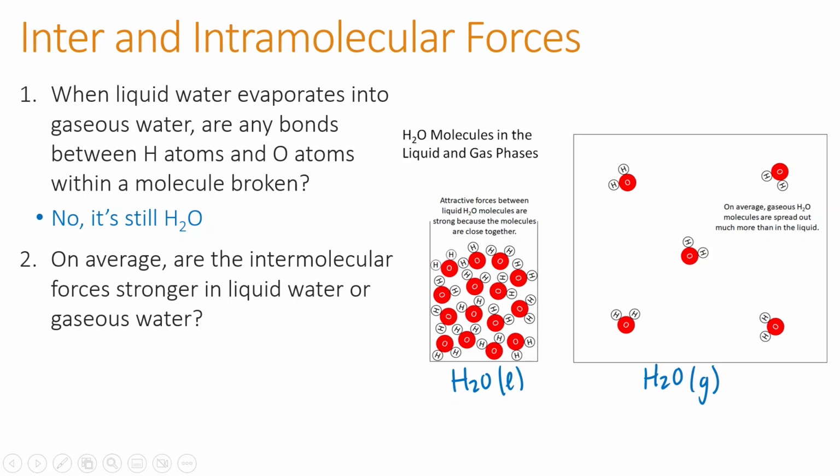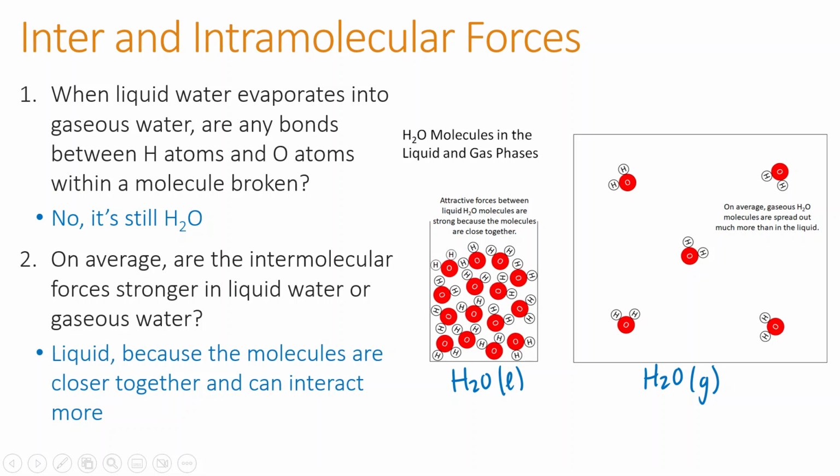So we haven't broken any chemical bonds. Instead, what we've changed are the intermolecular forces. Intermolecular forces are much stronger in liquid because the molecules are closer together and they can interact more. In gas, those particles are really far apart. Those molecules have lots of space in between them.